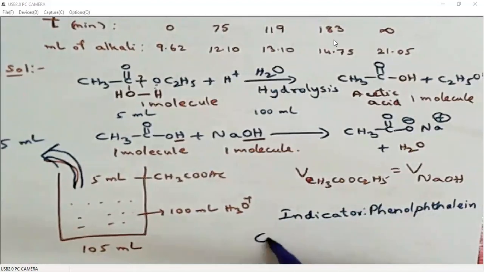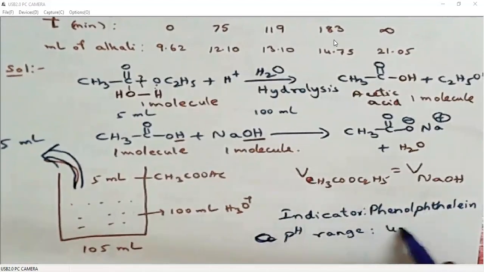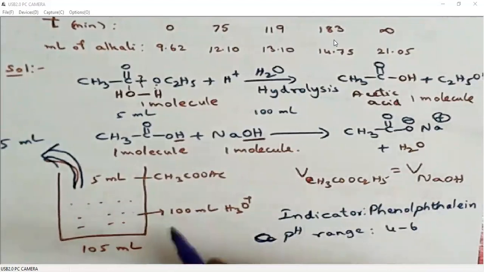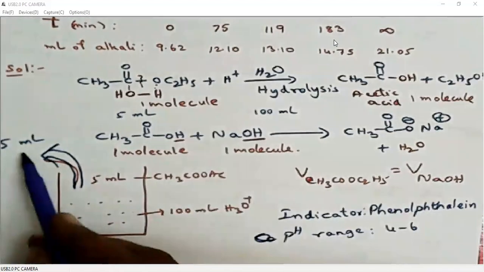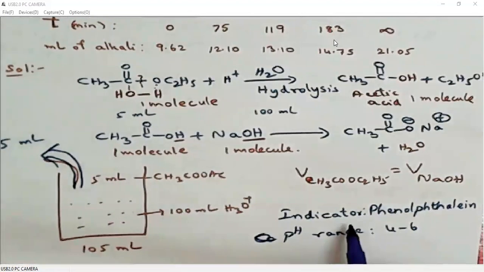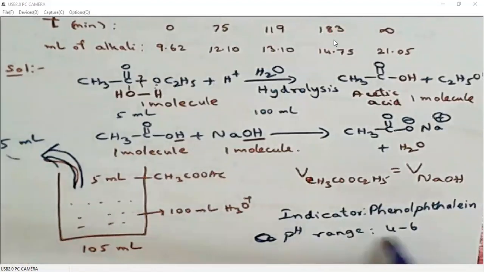Here, when we add phenolphthalein indicator, its pH range is 4 to 6. So first we will take 5 ml of it. When we take out 5 ml, we will mix some more water and 1 or 2 drops of indicator. Because the 5 ml contains acetic acid, under acidic conditions it is a colorless solution.